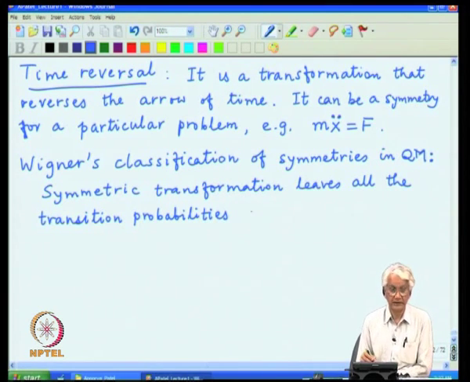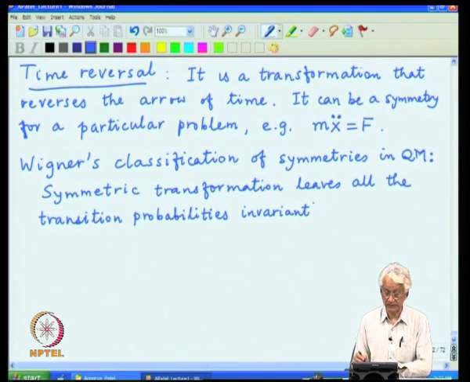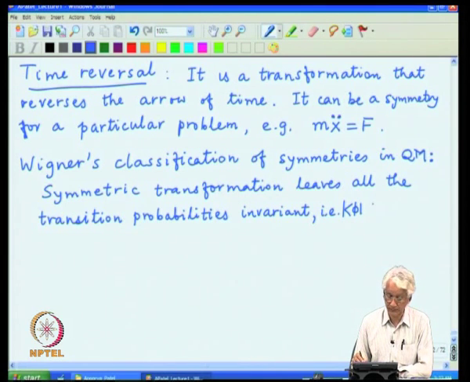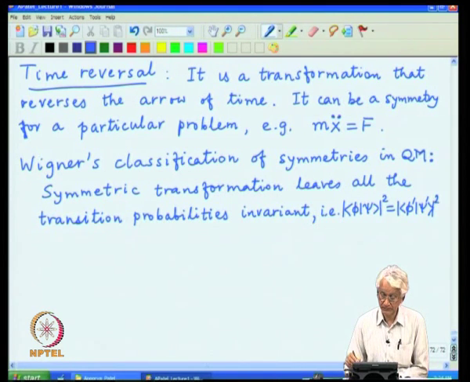that all the observables do not change under the symmetry transformations, and in quantum mechanics all the observables are the absolute squares of all the transition amplitudes one can construct, and that condition is very simply formulated as a condition between overlap of various kind of states which exist in the theory, and that can be written as overlap of phi and psi mod square in one particular basis will be the same after you have changed the basis according to the symmetry transformation.